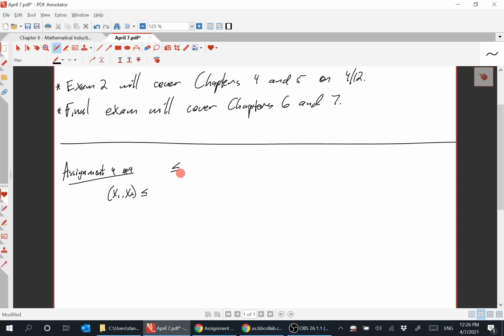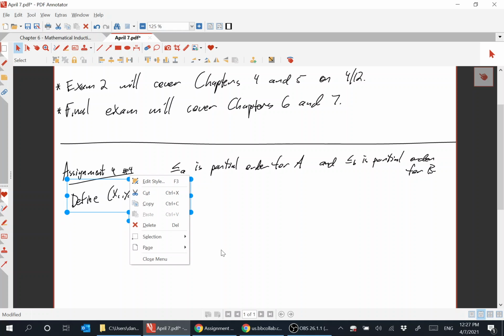So less than or equal to sub A is a partial order for A, and less than or equal to sub B is a partial order for B. Okay, define (x1, y1) less than or equal to (x2, y2) for A cross B. So we've got two partially ordered sets.